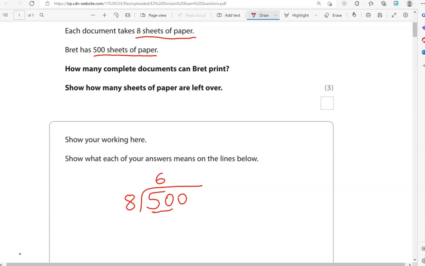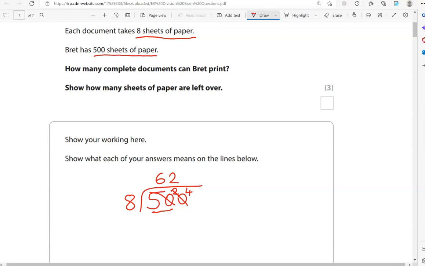So 50 take away 48 leaves us with 2 remaining. So now we're looking at how many 8s fit into 20. That's just 2, because 2 lots of 8 is 16. We can't fit 3 lots of 8. That would be 24, which is over 20. So 2 lots of 8 we said was 16. 20 take away 16 leaves us with 4.